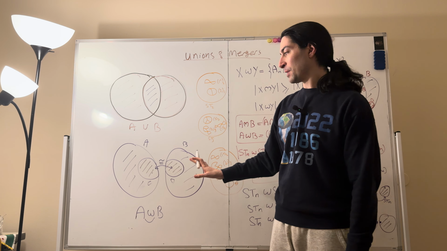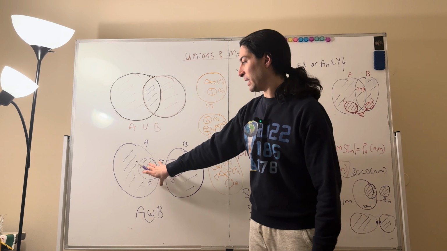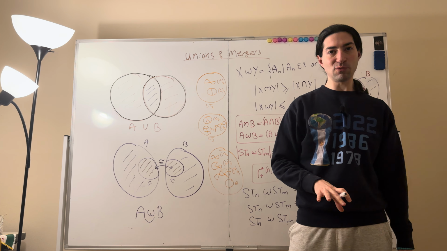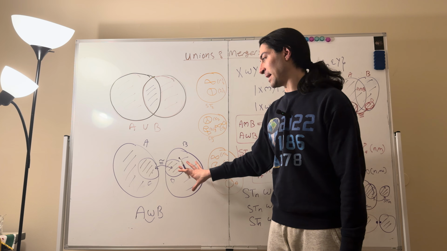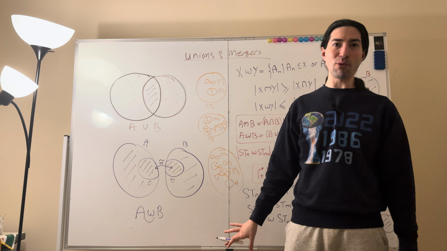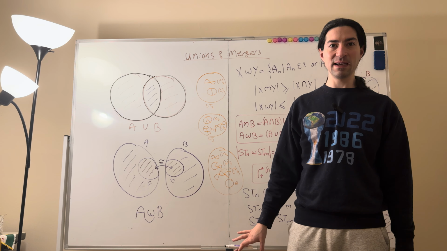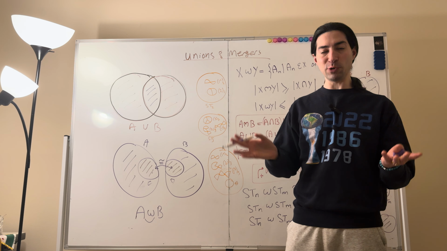So basically, you can think of it either as we're only including one of the two isomorphic subsets, or another way to think of it is that we are removing one of the two isomorphic subsets from the union.